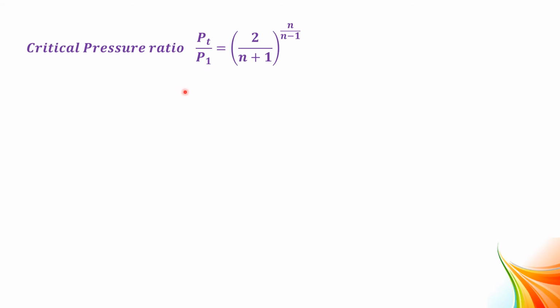Now for calculating the velocity of steam at throat, we have to know the pressure of steam at throat section. So from the critical pressure ratio equation, Pt by P1 equal to (2 by n plus 1) the whole power n by n minus 1. Here the value of n equal to 1.3 because the steam is superheated at the inlet of the steam nozzle.